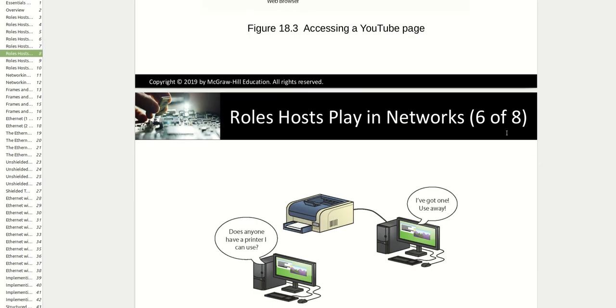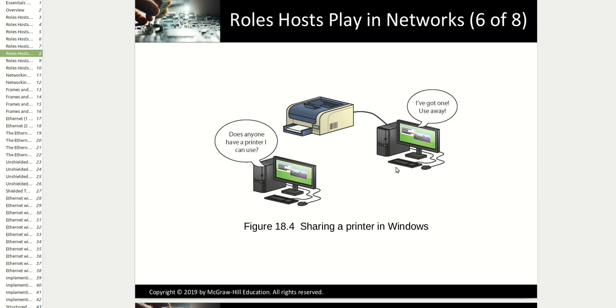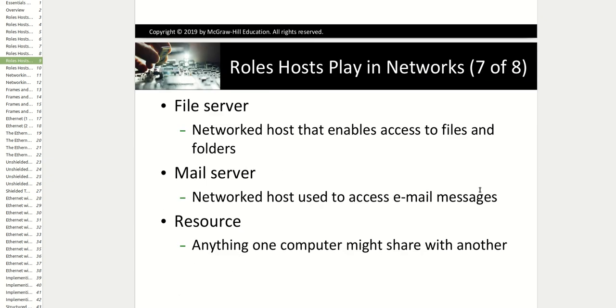So there are all sorts of roles. Here I'm showing you that printer situation, where we have a print server and different printers assigned to that server that will redirect the person to the one they are supposed to have access to. Other servers include file servers, mail servers, and any type of resource.